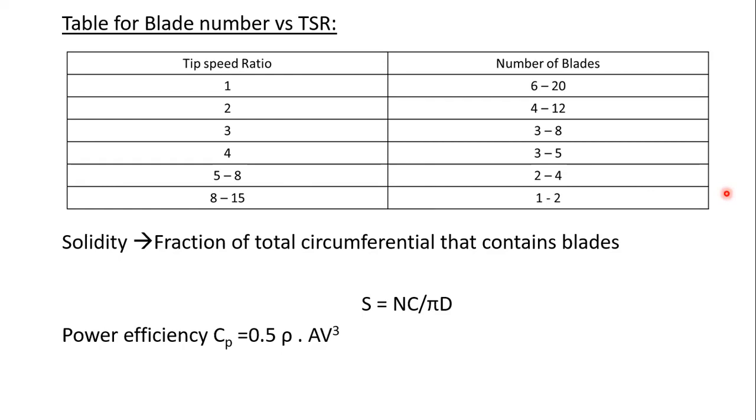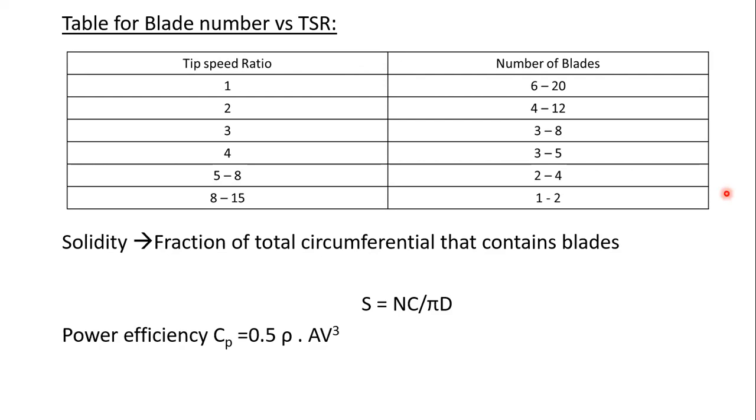So actually, what I defined here, solidity, is the fraction of the total circumference. This circumference we can calculate either at the tip or sometimes at 2/3 of the tip radius. So this fraction of the total circumference that contains blade is called solidity.